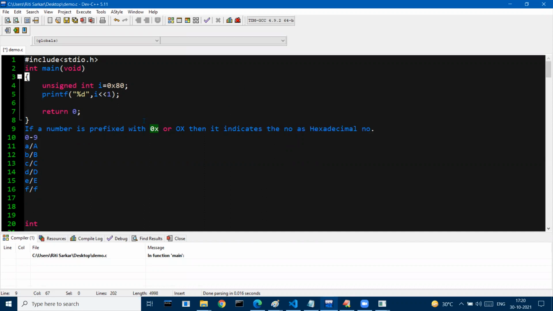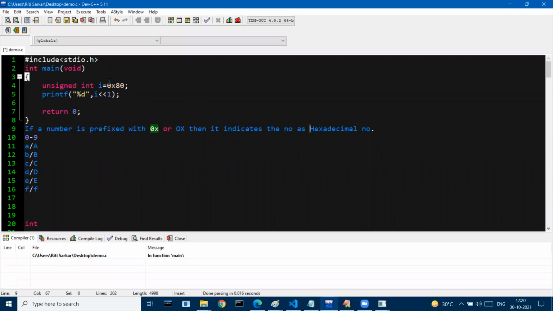But internally, whenever it is stored in the variable, what value will be stored? Is it the decimal value or the hexadecimal number? It will be the decimal number. That means hexadecimal to decimal conversion takes place, and then the number is stored.